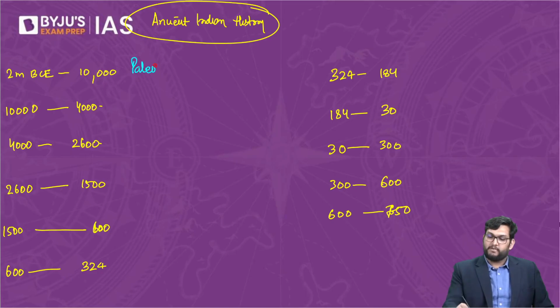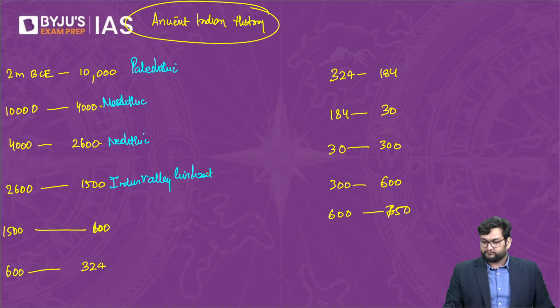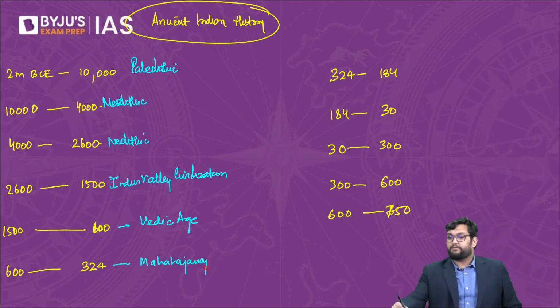This is called Mesolithic, which I will teach you next only. This is called Neolithic. This is called Indus Valley Civilization. This is called Vedic Age. This is called Mahajanapadas. Thereafter, this is called Mauryan Empire.